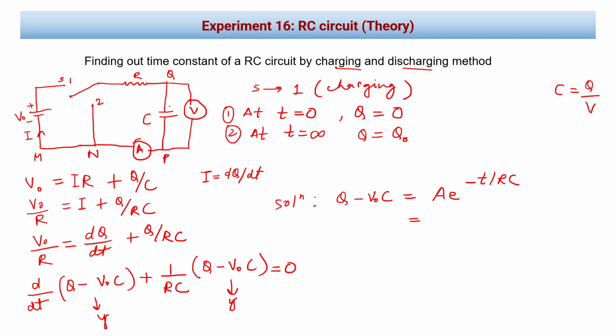The capacitor is slowly charging, and it will reach a maximum possible value. So based on these two boundary conditions, we'll get the expression for how much charge is there on the capacitor after a certain time t.